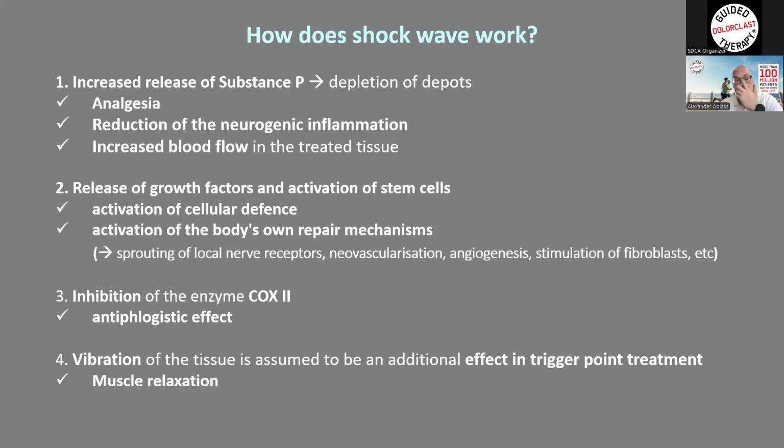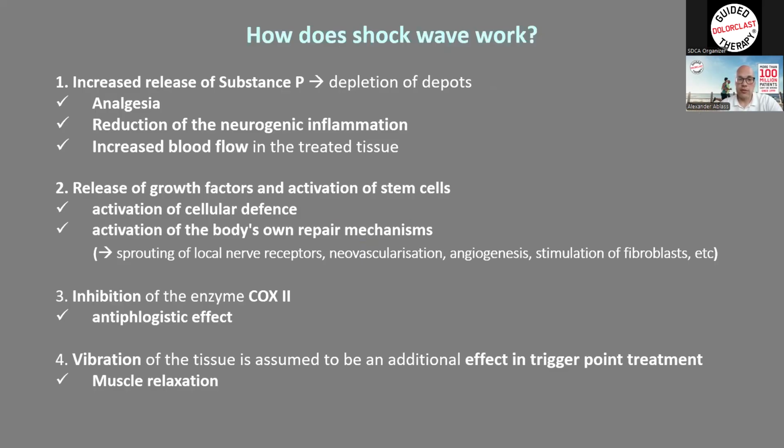So, what are our effects? Just for short remembering everything. We get an increased release of substance P. So we get analgesia, reduction of neurogenic inflammation, increase of blood flow.